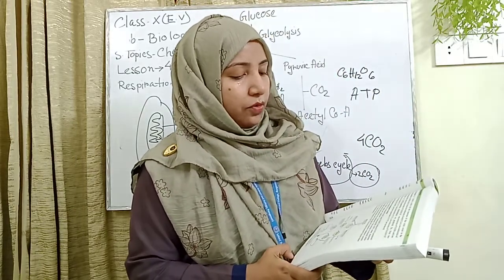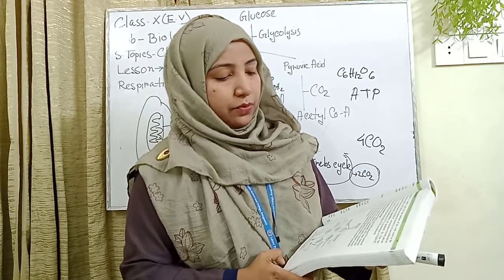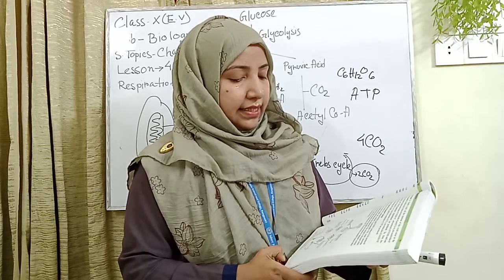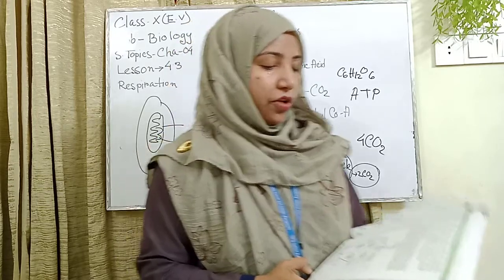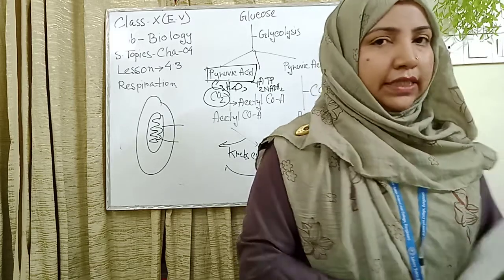Consequently, ATP, water, high-energy electrons and protons are produced. Energy is released when high-energy electrons move through the electron transport system.